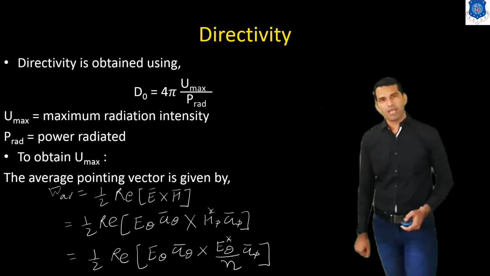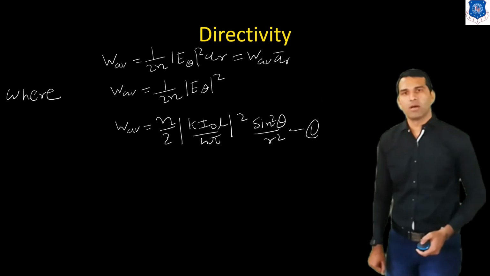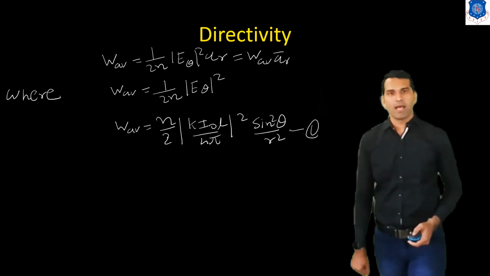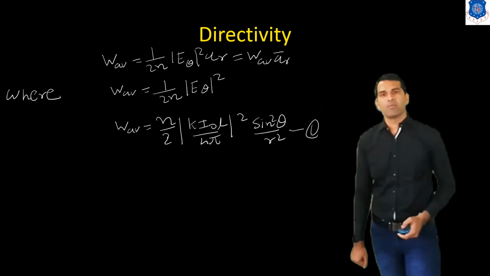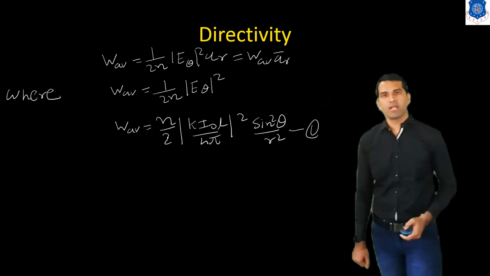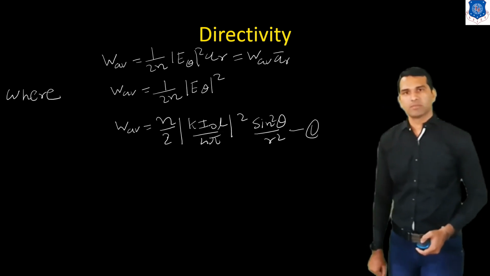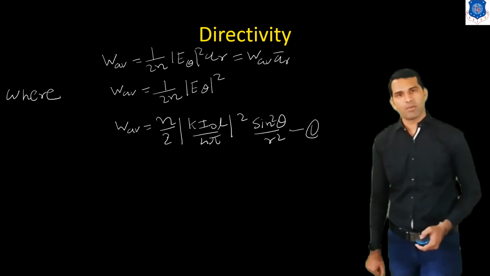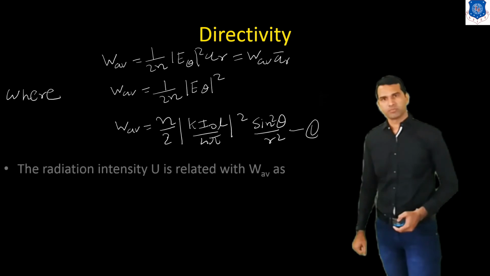So W average becomes 1 by 2 eta E theta square a r. This is W average a r, where W average is also 1 by 2 eta E theta square. And W average becomes eta by 2 (K I0 L upon 4 pi) square sin square theta upon R square. We call this equation number 1.